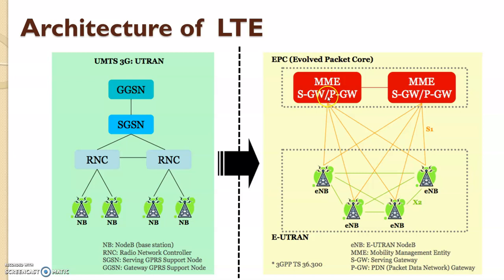SGW is serving gateway. PGW is packet data network gateway. So this architecture is for the 3G network. Similarly, you can see and notice the architecture of LTE for the 4G network. Let us learn detail about this.